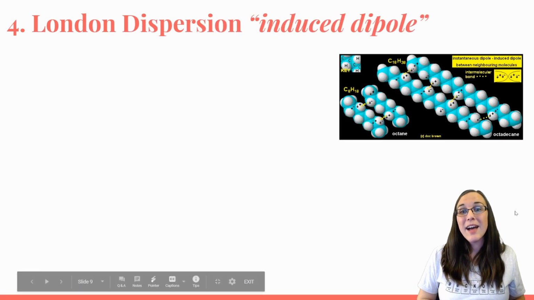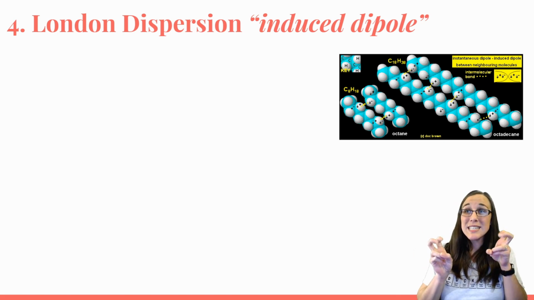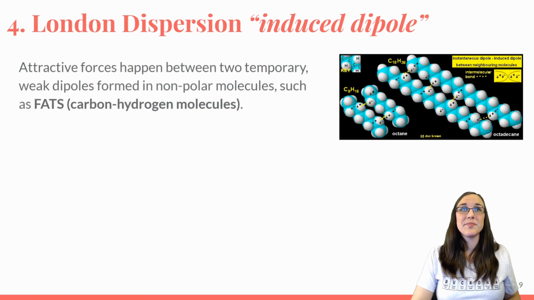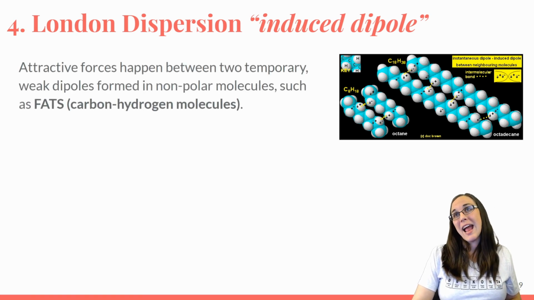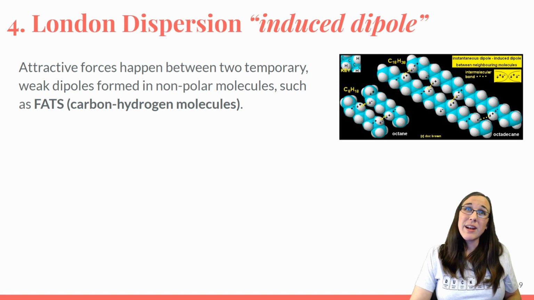And finally, we have London dispersion. This is also known as induced dipole or van der Waals. This is a force that happens primarily between fats, or nonpolar molecules. Molecules that already have weak dipoles or that happen to be nonpolar tend to have London dispersion as their intermolecular force.